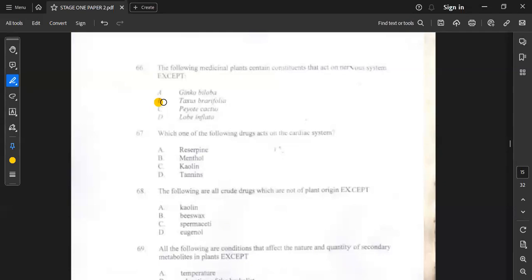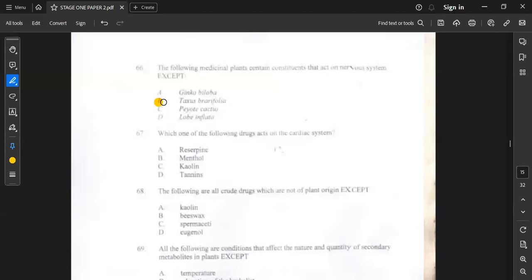Lobelia inflata can also be used as an antidepressant and an emetic, and also as an aid to smoking cessation. Thank you. So we should go for B, right? Yeah.